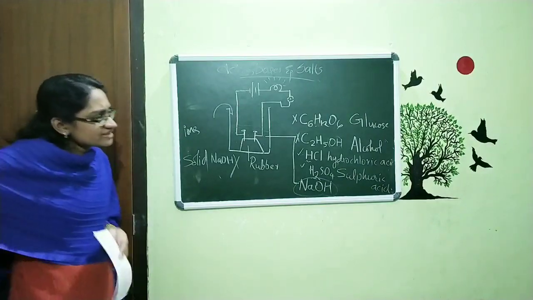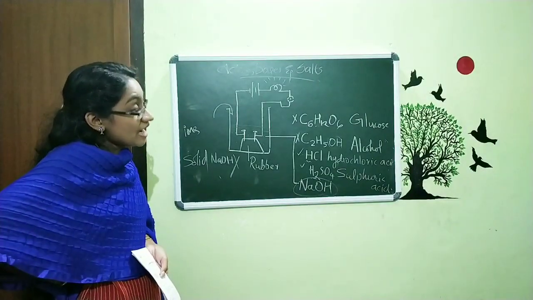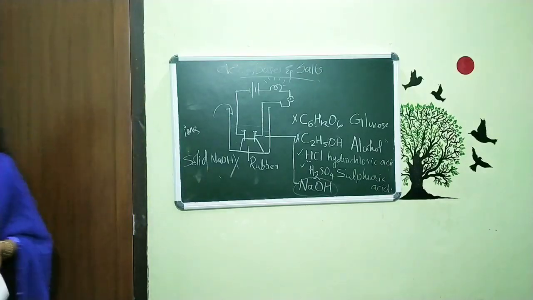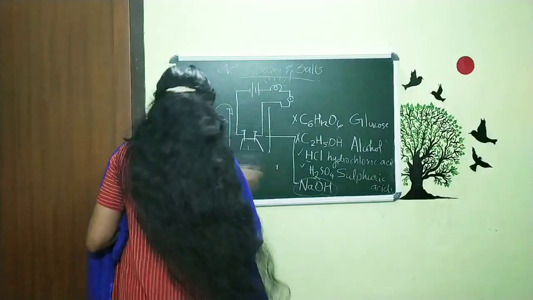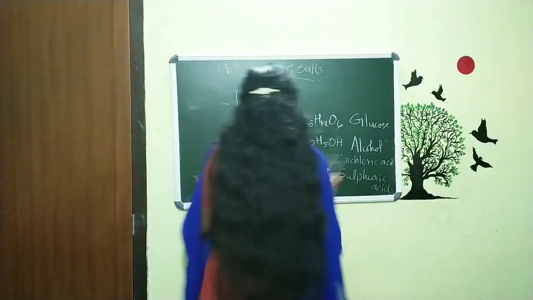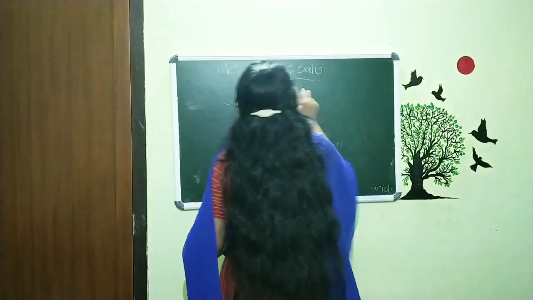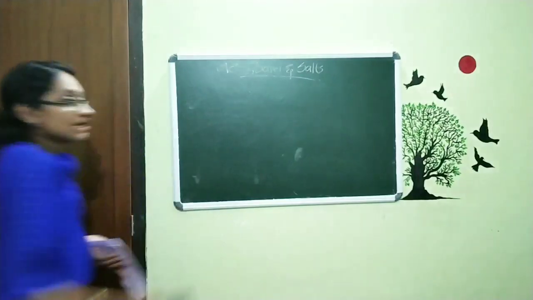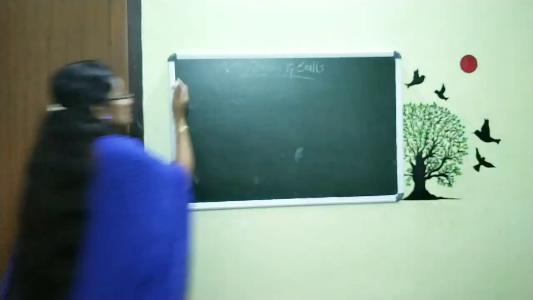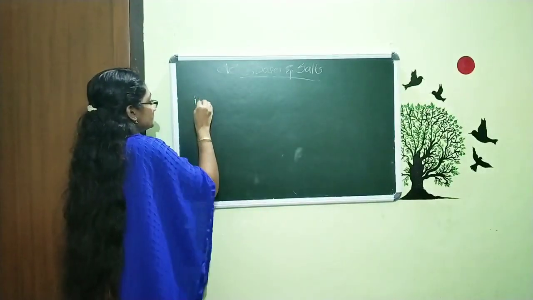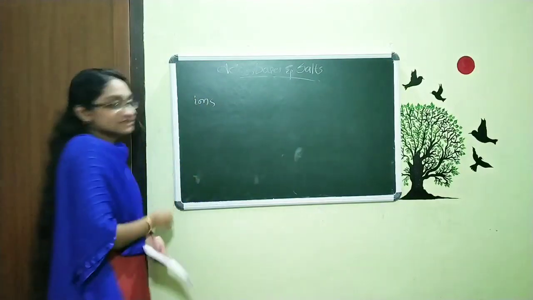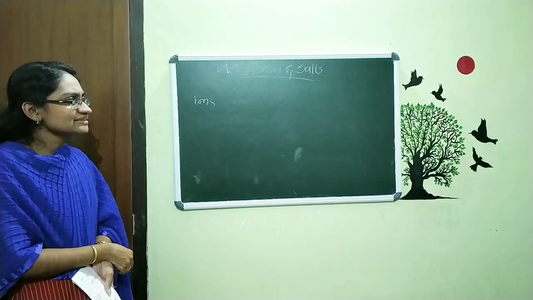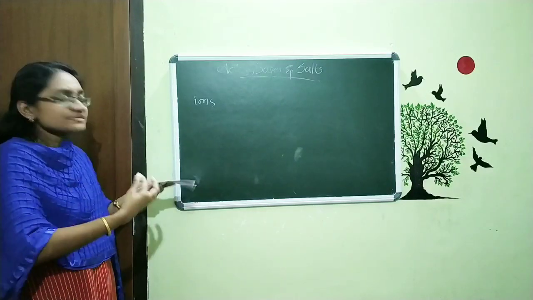Now we are going to check what ions are present in acid and what is there in base. What is an ion, actually? An ion is a charged species. You already studied this in the 9th standard. So ions are charged species, or we can say atoms having charge.